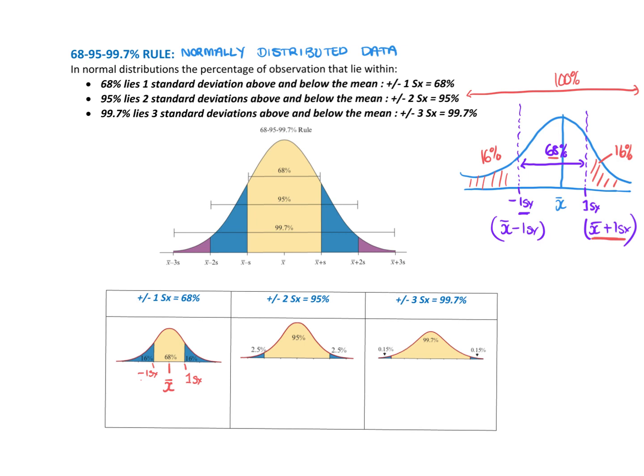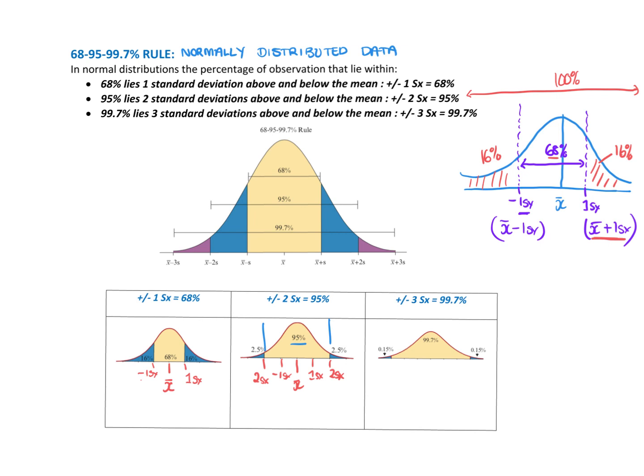Now if you go two standard deviations, you have the mean, then 1, and then you add another standard deviation, or you minus 2 standard deviations, what you see is 95% of the data lies in between. Between here and here, there's 95% lying in between. And then we've got 5% left over, so those little pockets become 2.5%.